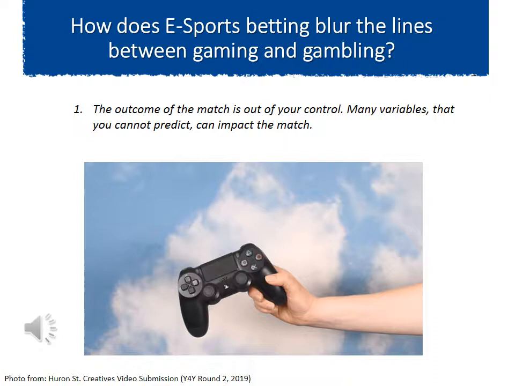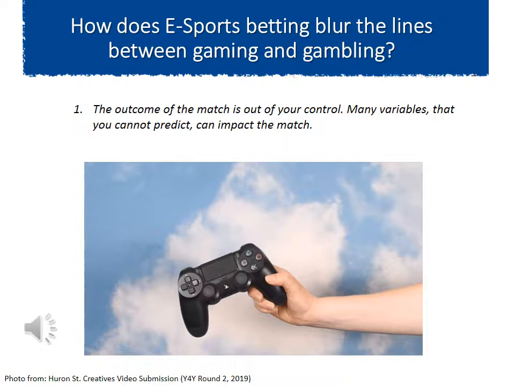In a hypothetical situation, you're gambling on the outcome of the esports match, and you cannot predict the outcome 100%. Let me explain. You're going to watch 2 teams compete. One team has better statistics, they've won more often, they're objectively a better team, so you're confident in wagering your valuables on them winning. However, there are many variables that can impact the outcome of the match that you cannot predict.